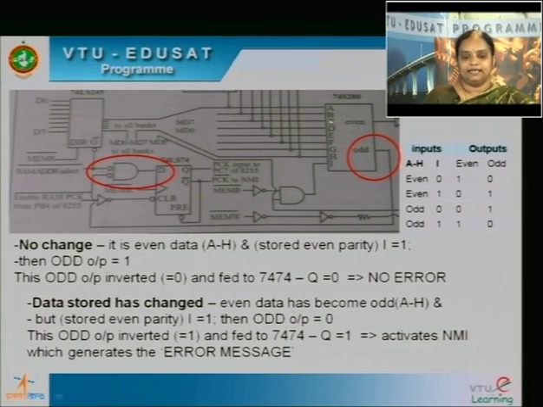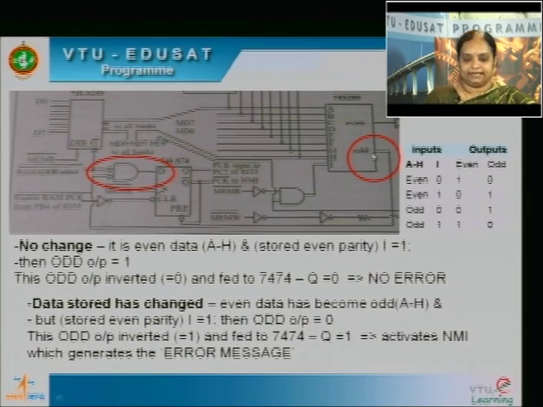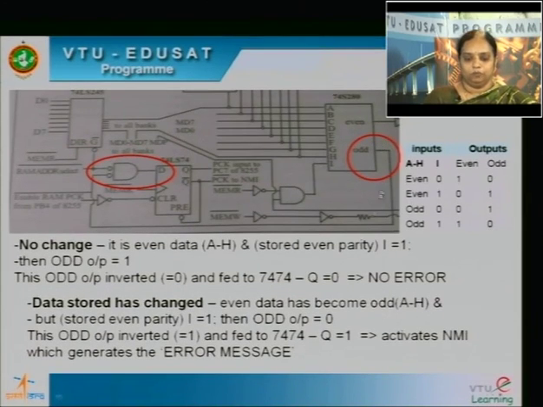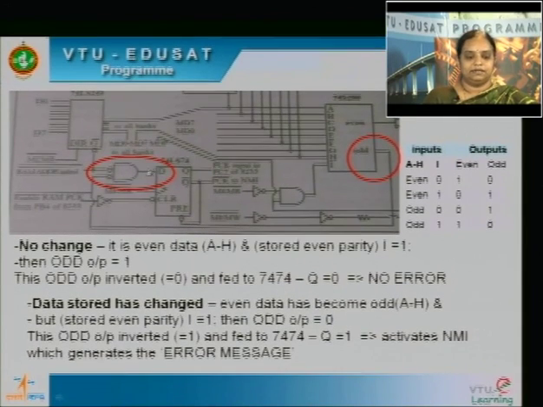If there is an error here, instead of an even parity, one of the bits has changed and it gives an odd parity. This odd plus whatever is stored, which is 1, will not become high, it will become low, and when it is transferred here inverted, it becomes 1.